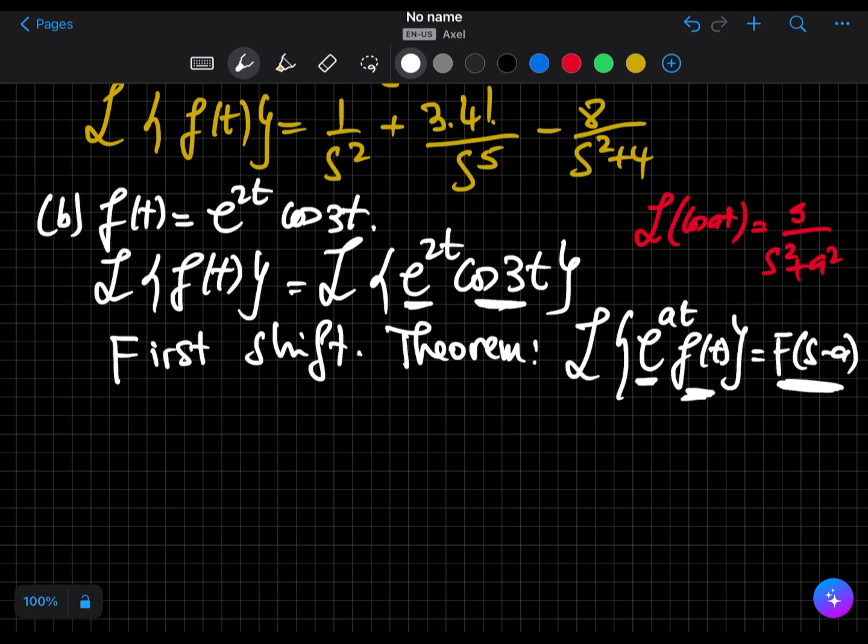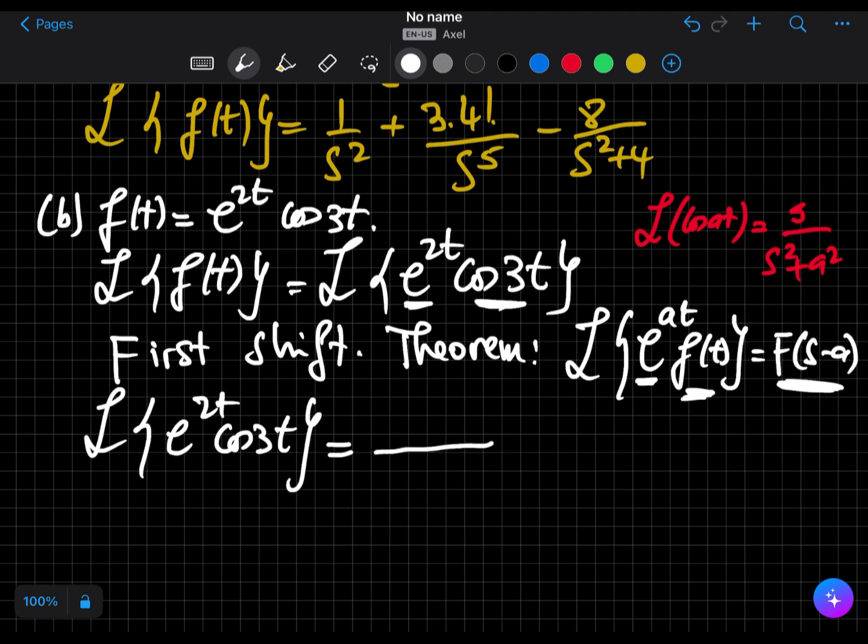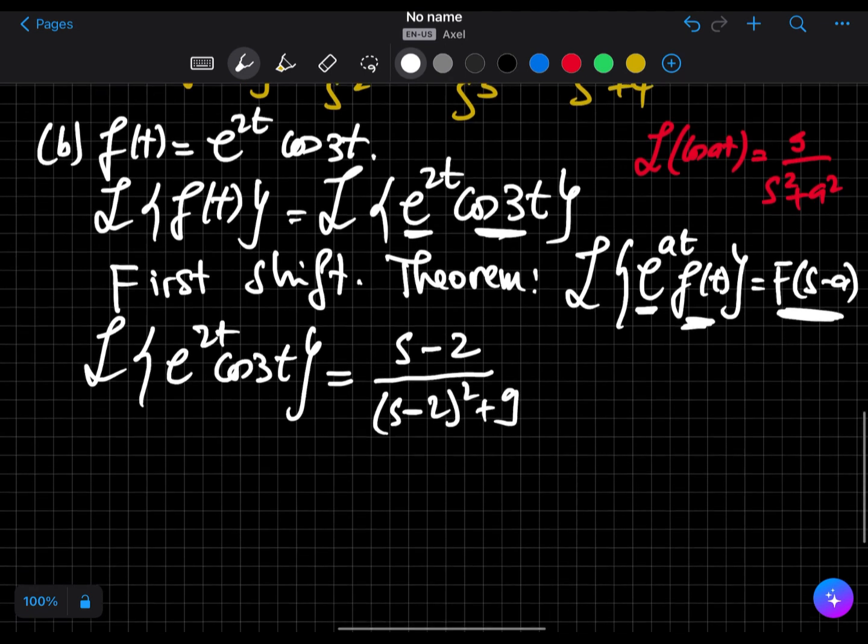So I can directly have that the Laplace transform of e to the 2t cos 3t will be equal to, instead of s, I shift to s minus 2, so I will have s minus 2 over s minus 2 squared plus 9.